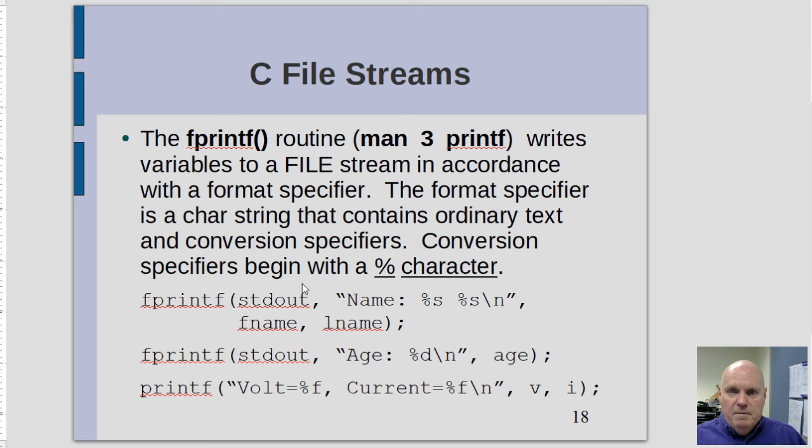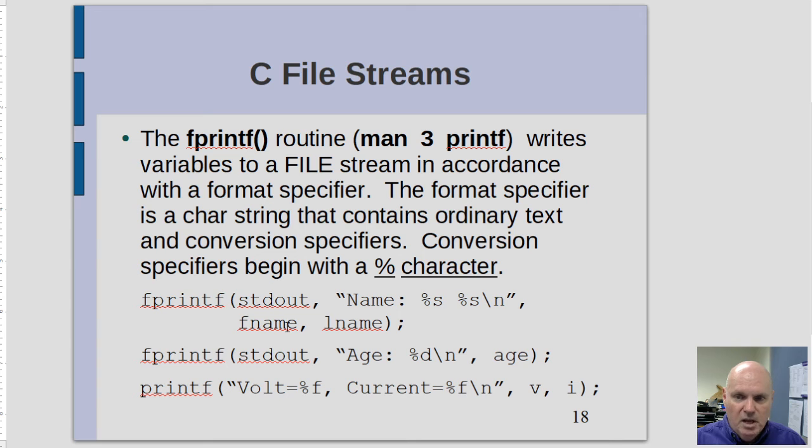We use fprintf to convert a binary number to its ASCII representation, and you have to match the format specifier to the data type. So %s is used to print char strings. These are char arrays.